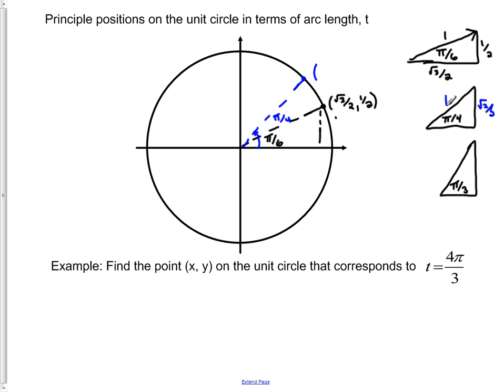So we'd say radical 2 over 2 to 1, and radical 2 over 2 to 1 as well. So our pi over 4 is radical 2. Boy, that's a bad looking radical 2. Let's try that again here. A radical 2 over 2, and radical 2 over 2 as the y coordinate. That's a 2. Not a good one. That's better. Okay, radical 2 over 2. That corresponds to that right triangle.